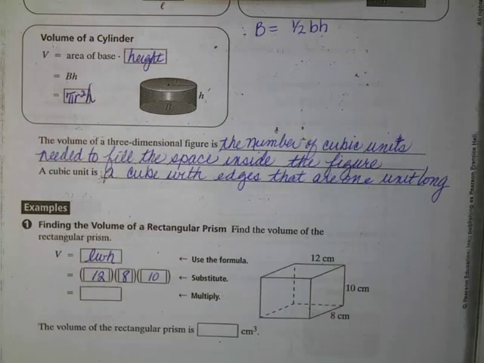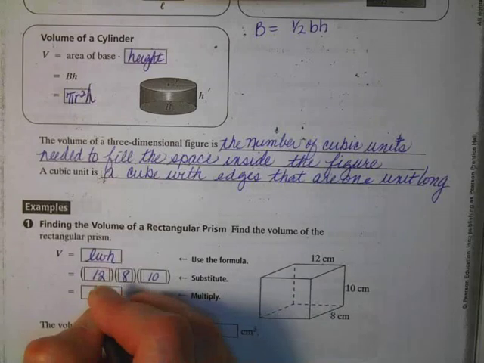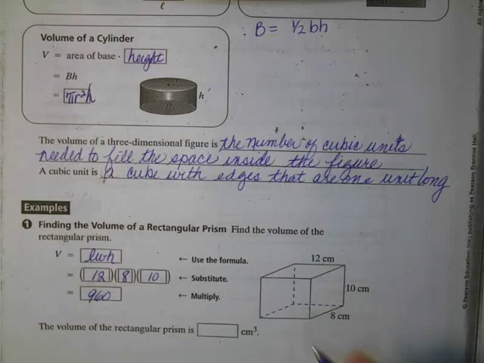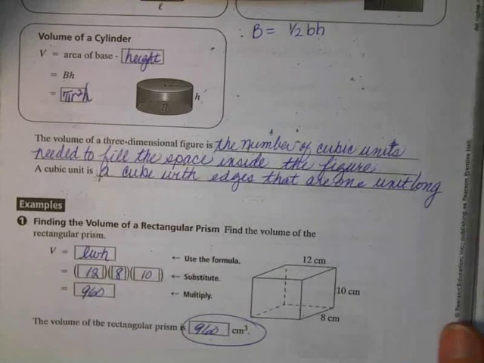And then the height is 10. So 12 times 8 times 10 is 960. The volume of the rectangular prism is 960 cubic centimeters. Okay, that one's pretty straightforward usually.